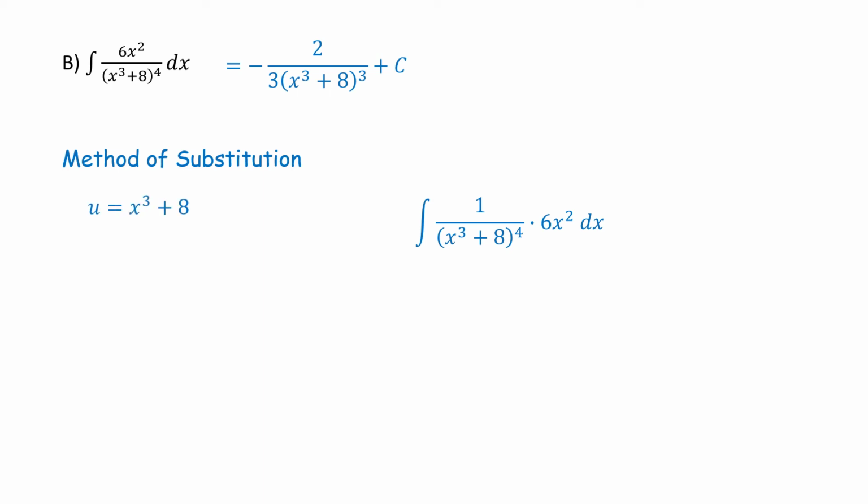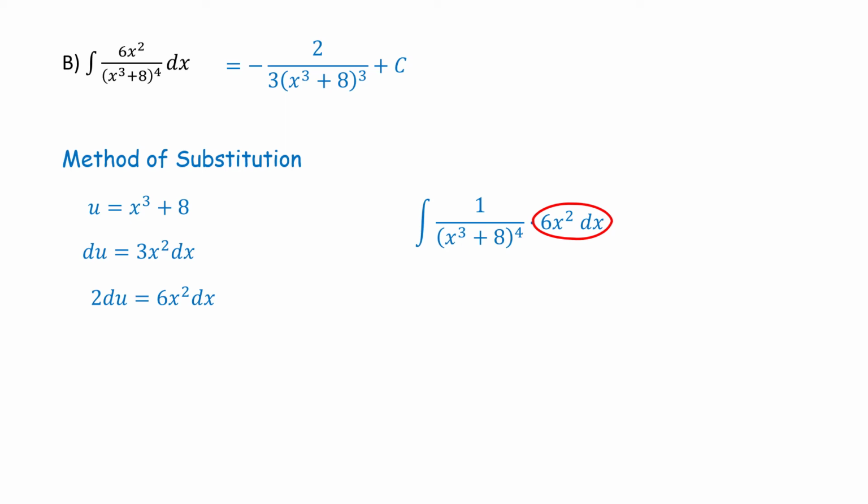Then the derivative of u, that would be du, would be 3x squared dx. In our integral, we have a 6x squared dx. We need the 3x squared dx to be 6, so we'll multiply by 2 on both sides. 2 du is equal to 6x squared dx.